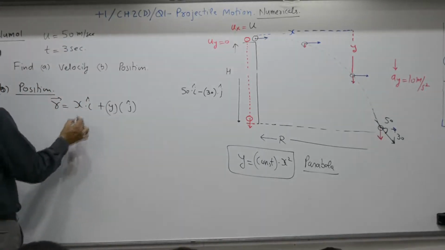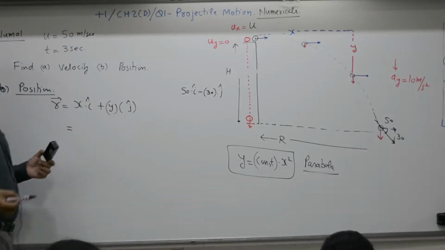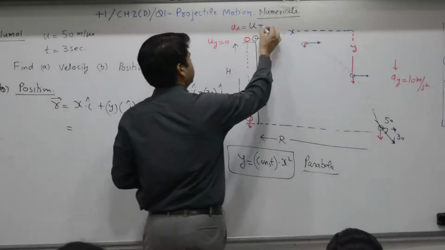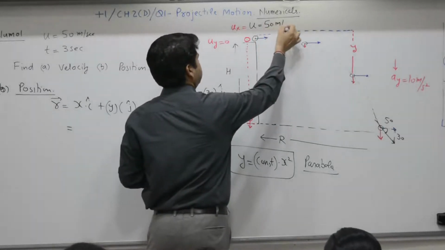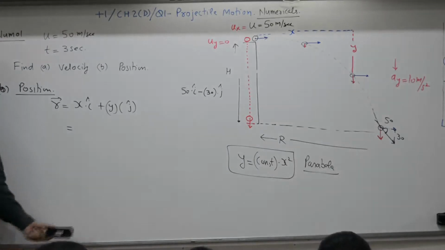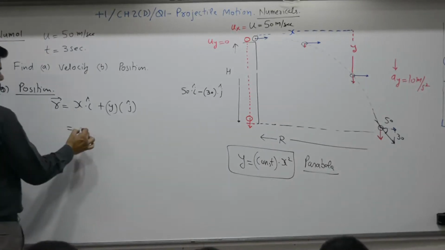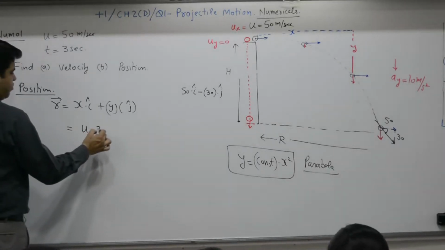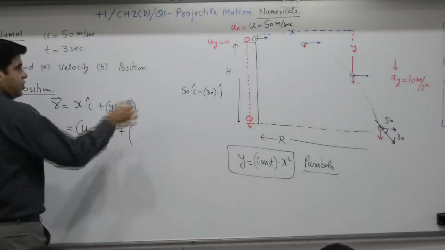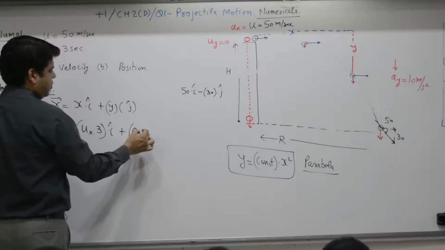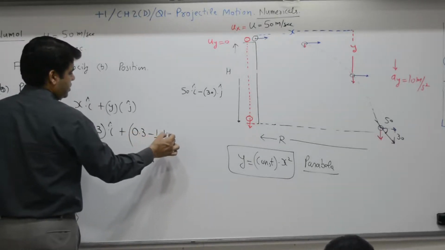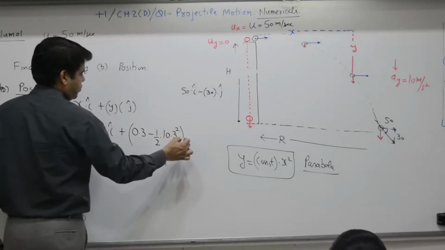Yes, X. What is the horizontal distance covered? What is the horizontal speed? 50 meter per second. What is the horizontal distance covered in 3 seconds? 150. So, X is equal to Ux into 3. Y is equal to vertical distance covered, 0 into 3 minus 1 by 2 g 3 square.